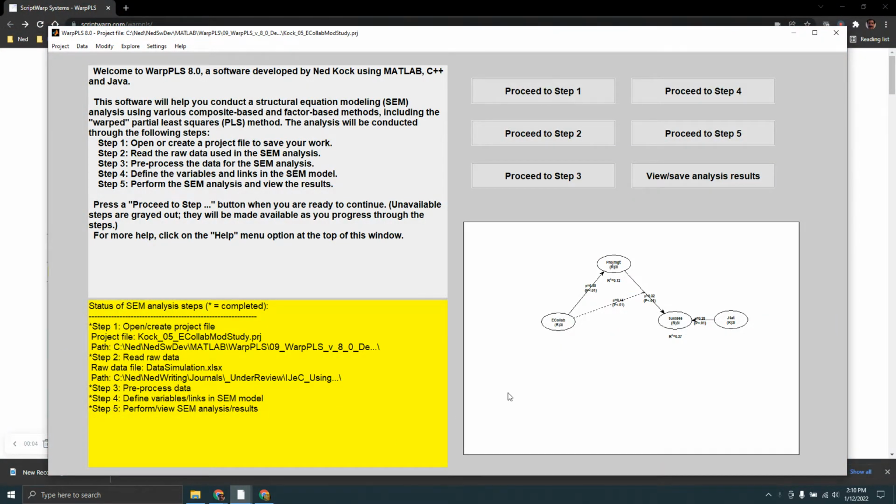So in this video, I'm going to induce a measurement model problem, a discriminant validity problem, and then show that we have to take a holistic view of measurement model assessment in order to pick up the problem.